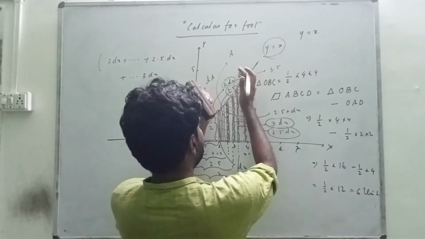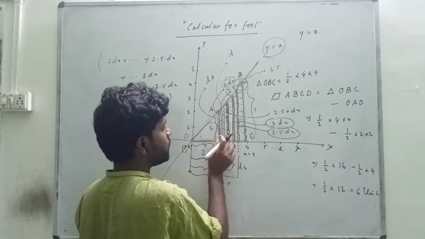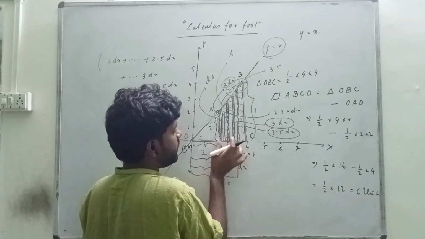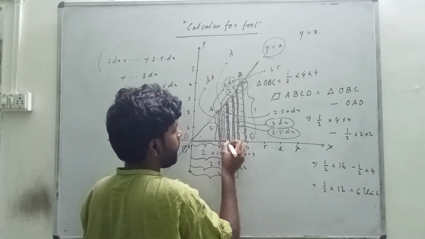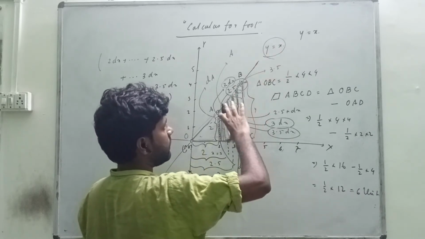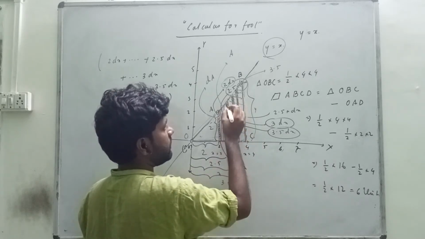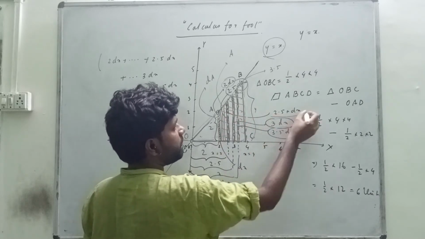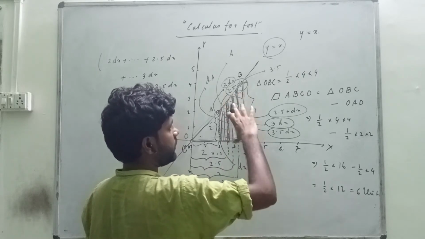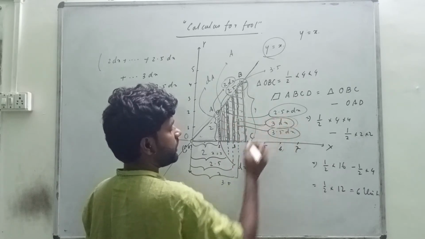If you cut these very big areas into very small pieces, the first is 2 dx, and then I calculate the middle area between 2 and 3, which is 2.5 here. According to the relation y equals x, the height is 2.5, the base is dx, so this area is 2.5 dx. Then there is 3, and according to the relation y is also 3, so this area is 3 into dx.